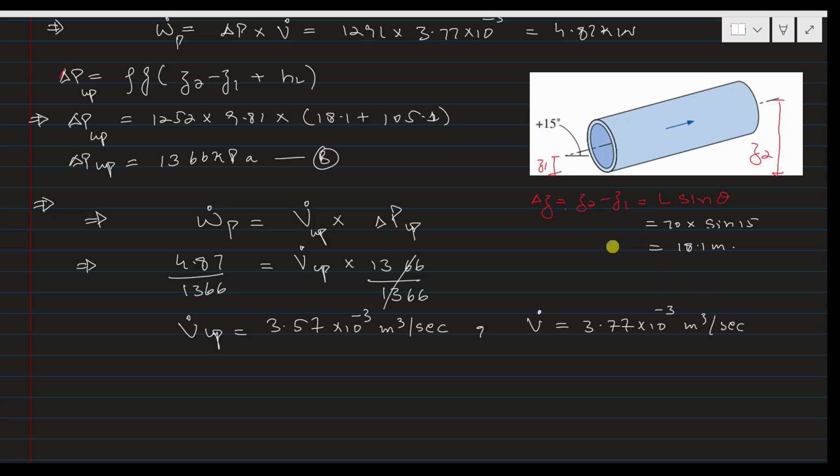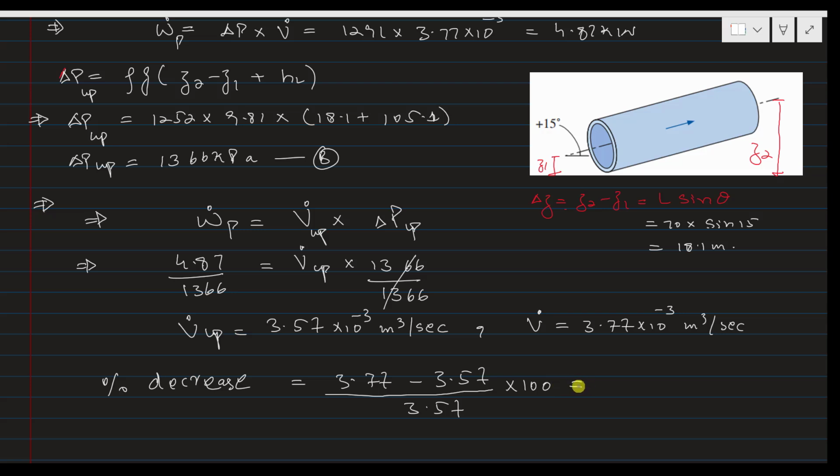So it means that when the pipe is inclined in upward direction, there must be a reduction in volume flow rate. How much percentage reduction in volume flow rate has taken place, we need to find its value also. So the percentage decrease in volume flow rate is equal to this original value, that is 3.77, minus the recent value, that is 3.57, divided by 3.57, multiplied by 100.